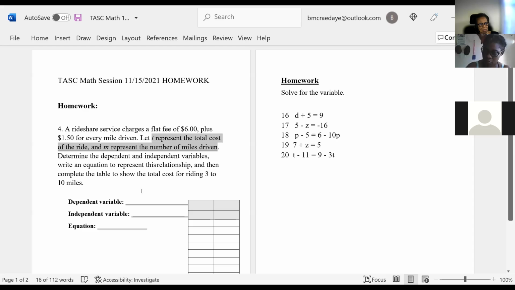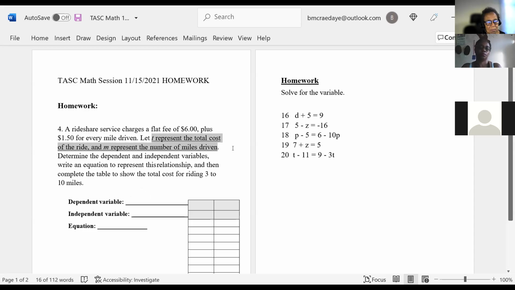Ask yourself the question. I put the flat rates. No. The dependent variable is either T, the total cost, or M, the number of miles. So ask yourself the question: the number of miles is dependent upon what?